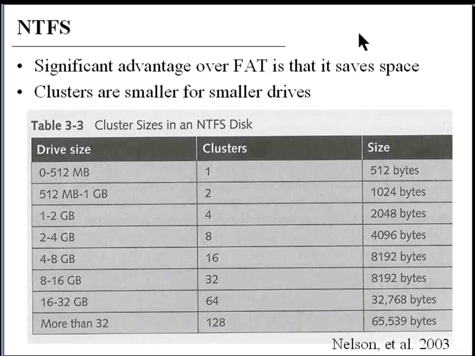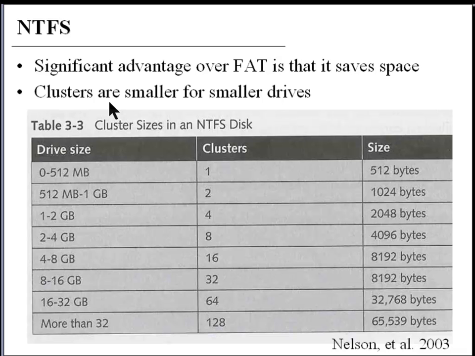So what kind of advantages does NTFS have over FAT? Well, one of the advantages over FAT is that it saves a lot of space. If you recall that the clusters are going to be smaller for smaller drives, let's think for a second, what is a cluster? A cluster is a contiguous collection of sectors, and the sectors is going to be how many bytes? 512 bytes normally.